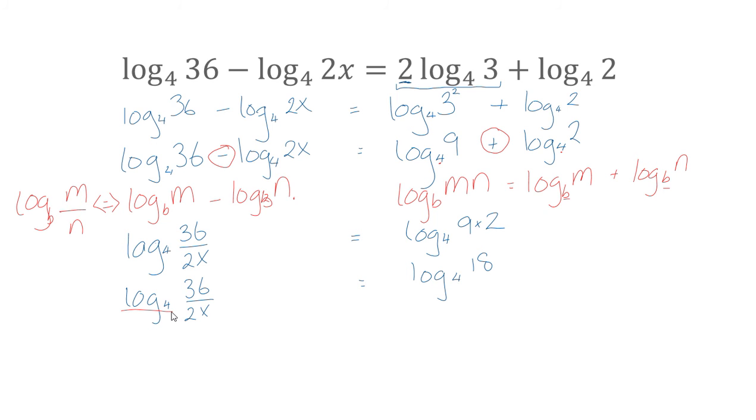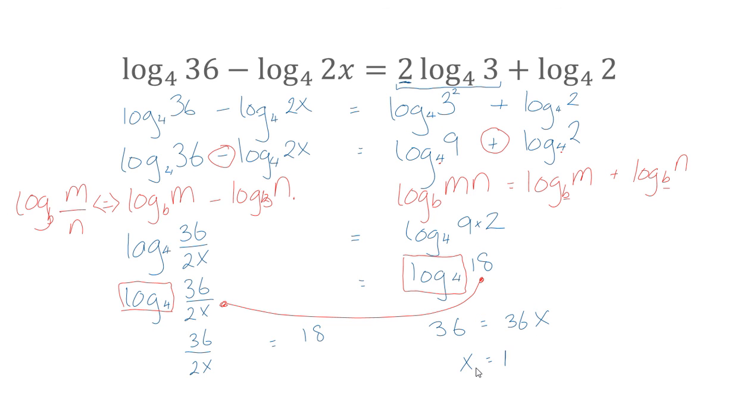So we have the log to base 4 of something is equal to the log to base 4 of something else, which means that we can equate this to this. And that brings us down to using simple algebra now to solve for the value of x. So we find that 36 is equal to 36x, which means that x is equal to 1. And there is the answer of our solution.